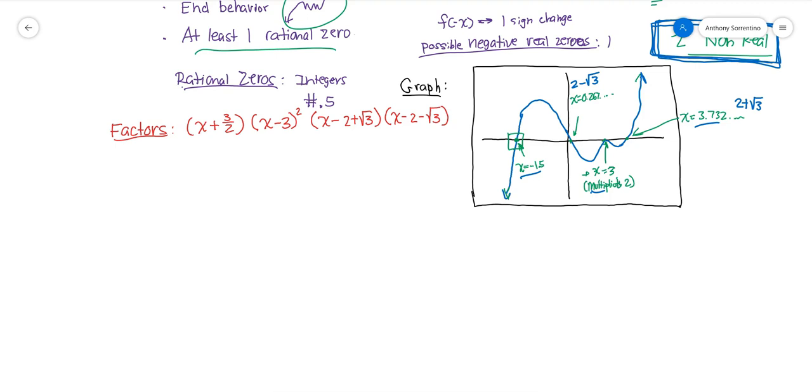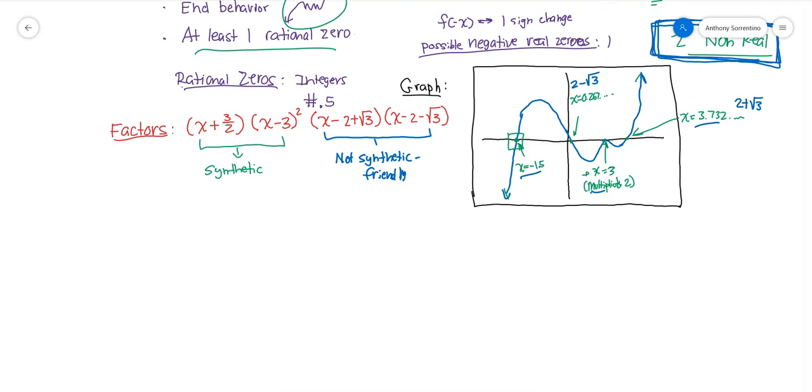Well, since these are situations where I have a linear binomial with a leading coefficient of 1, I could do synthetic division with these. These, on the other hand, are not synthetic friendly.